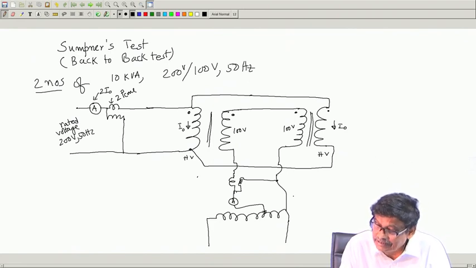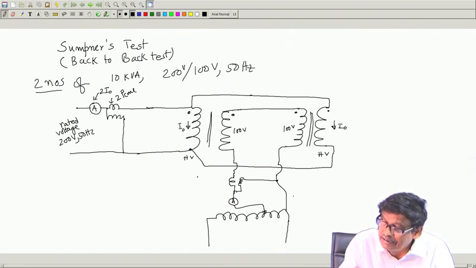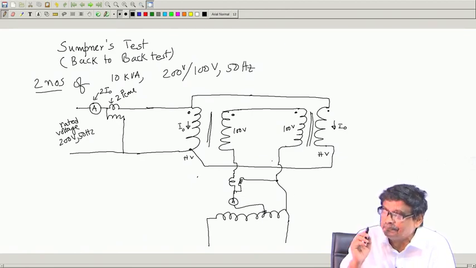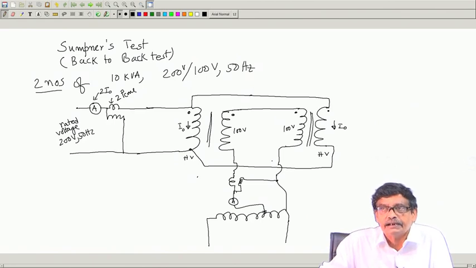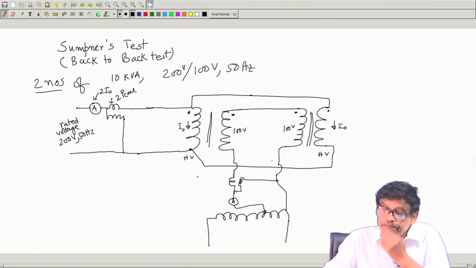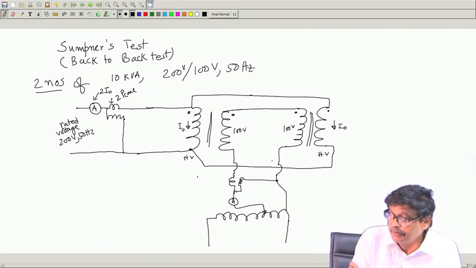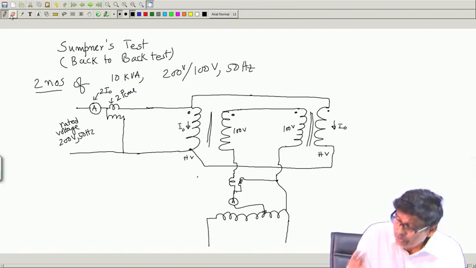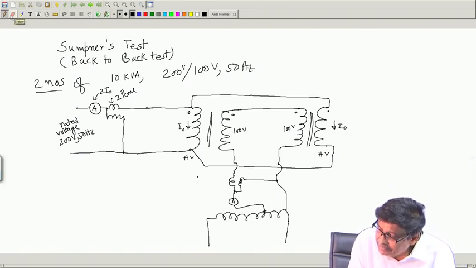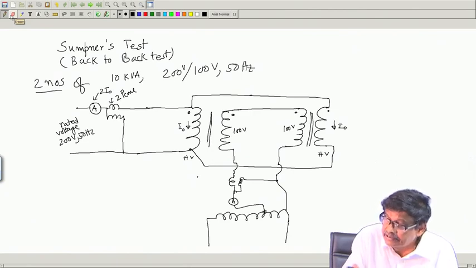So, apply a little voltage, and current will start flowing. Suppose for some low applied voltage current flows, so increase this voltage such that rated current flows.